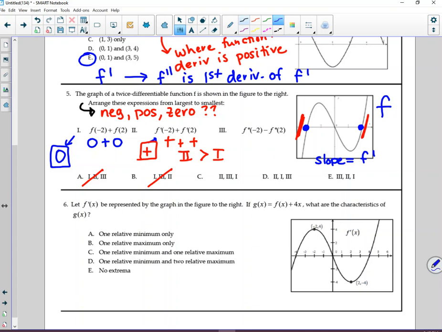Now, hopefully we can establish that 3 would have to be negative. So let's see if we can figure it out. f double prime is concavity. And all you can do is talk about it being positive or negative, versus concave up and concave down. So it looks like f double prime at -2, we're concave down around -2. So that's a negative number, minus, it looks more like we're concave up at 2.